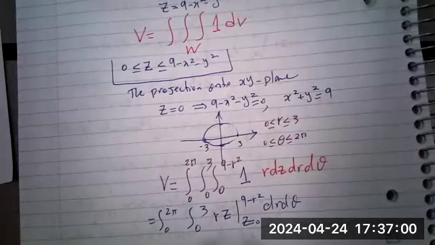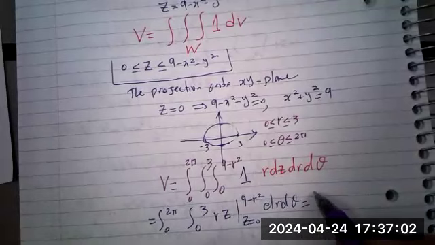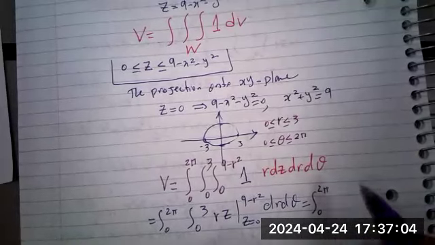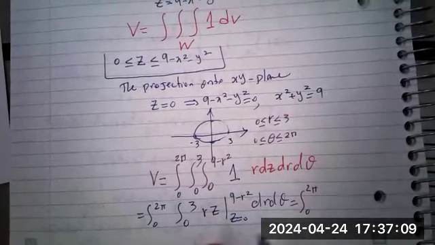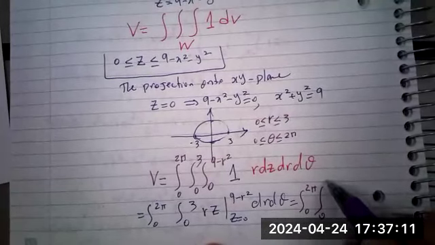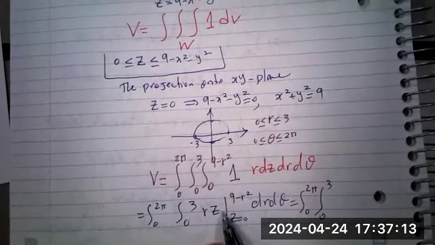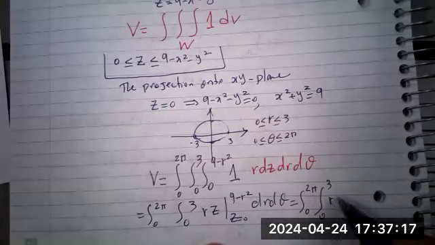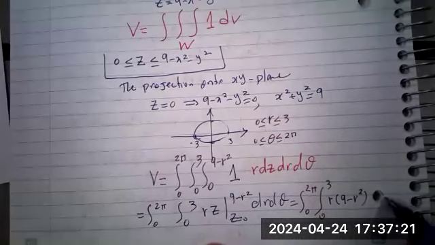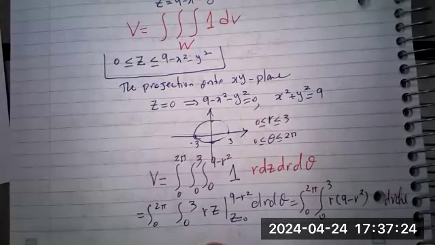So if you substitute, that gives you 0 to 2 pi, 0 to 3. We substitute: instead of z, you write 9 minus r squared. So it's going to be r times 9 minus r squared, then dr dθ.